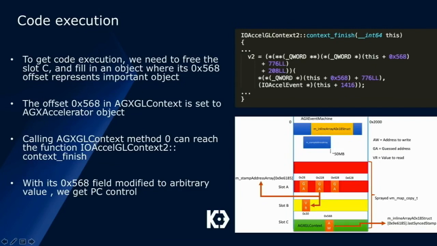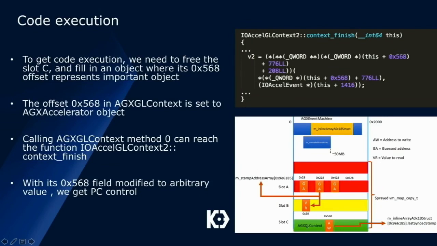By calling that user client's method 0, we can reach the function context finish. And the context finish will dereference that object's 0x568 as the AGX accelerator object and use it to call its virtual functions.